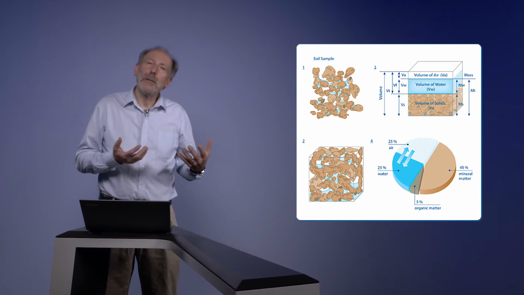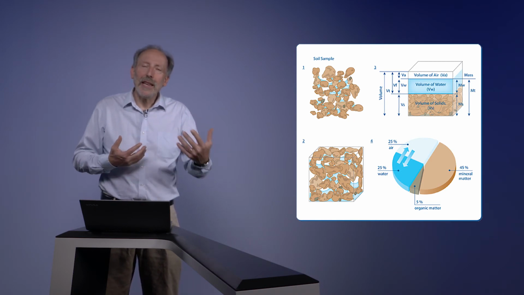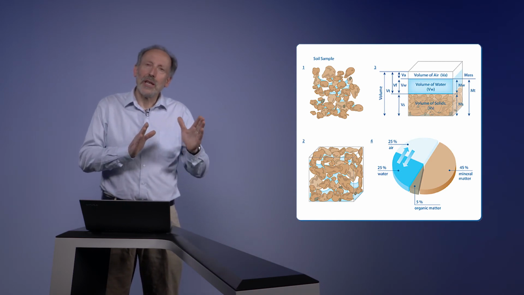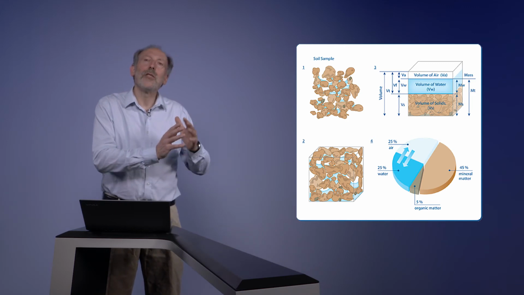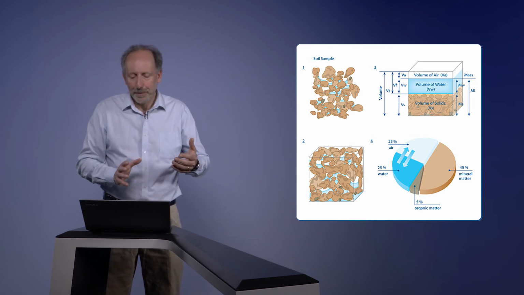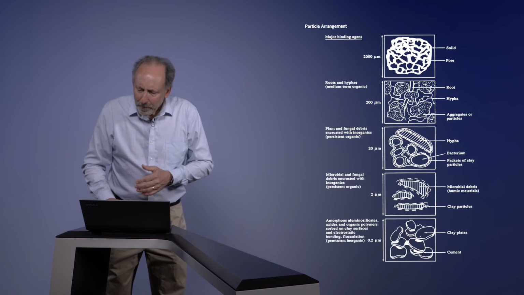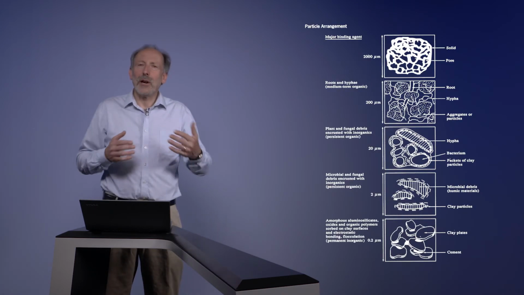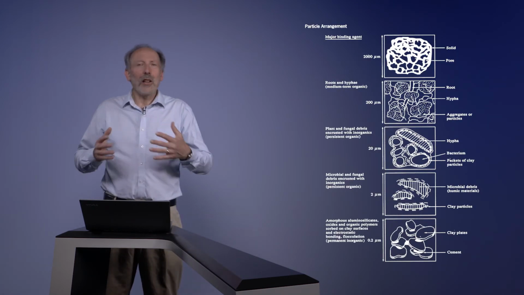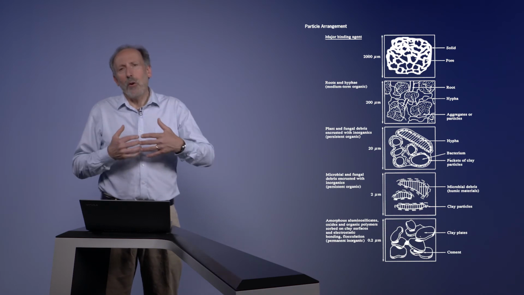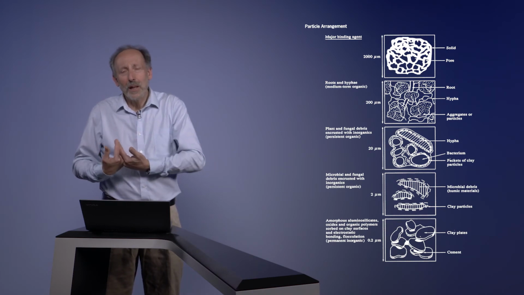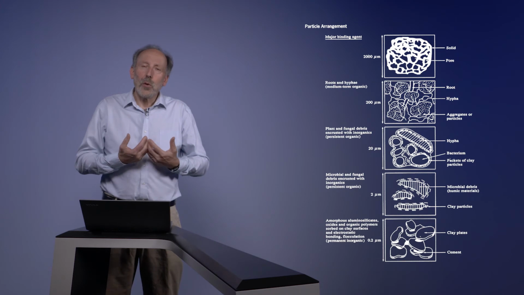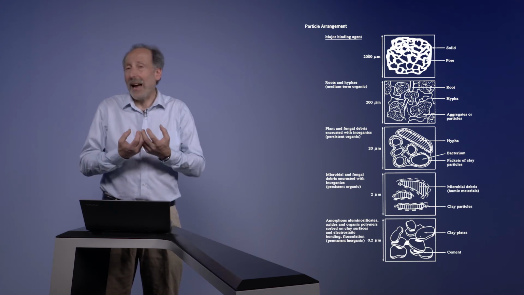So we always want to be keeping in mind that we can think about the constituents of our system in either volumetric or mass-based terms. Now, I don't want to leave you with the impression that biology has no impact here, or geochemistry as well. Soils, of course, are built up of aggregates.